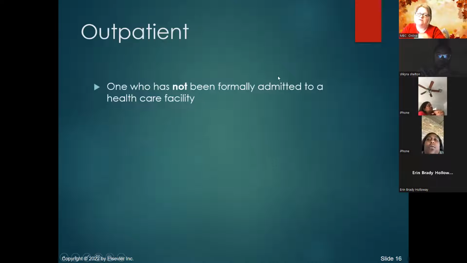All right, so a little bit about outpatient and inpatient. It sounds real simple. Outpatient, one who has not been formally admitted to a healthcare facility. And this is primarily going to be a hospital. Sometimes skilled nursing facilities will qualify for this.